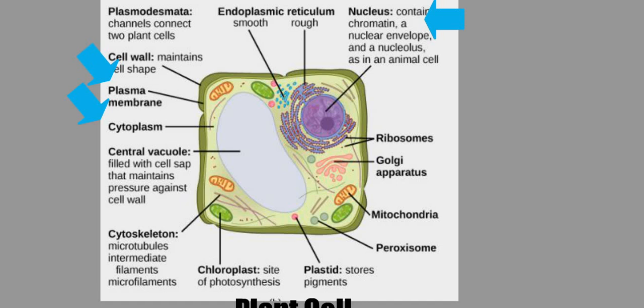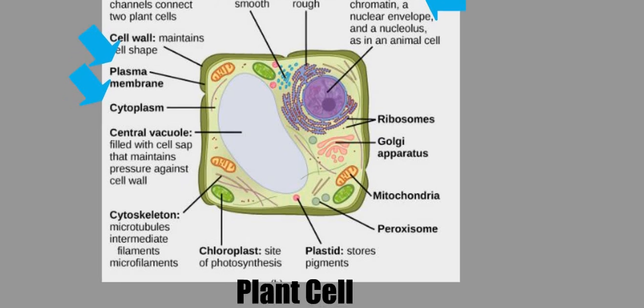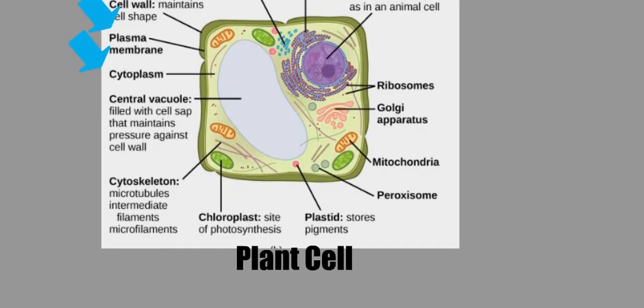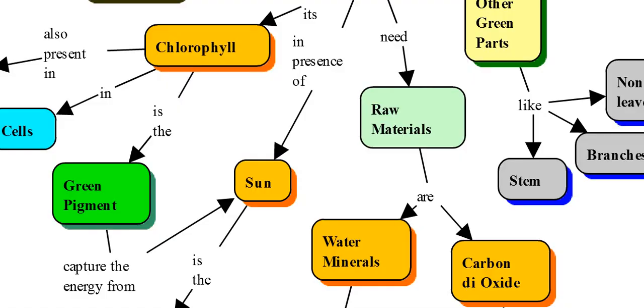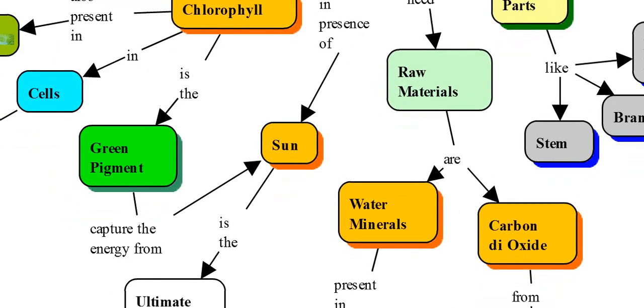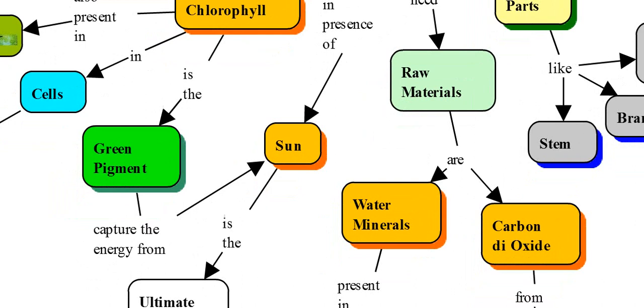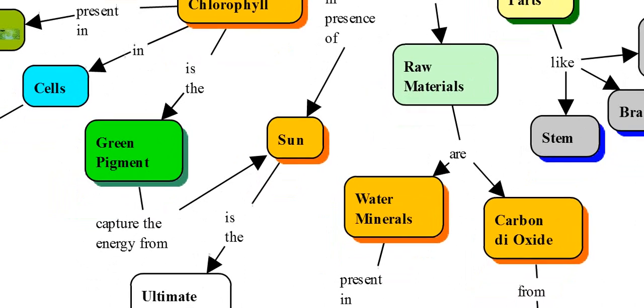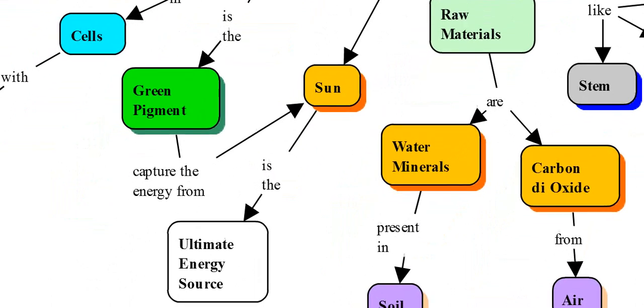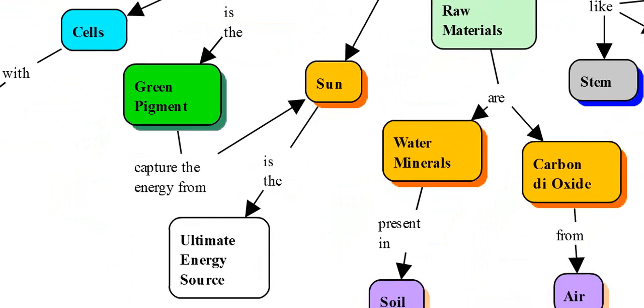Inside the chloroplast there is a green pigment called chlorophyll. Chlorophyll is the green pigment that, as we discussed, captures energy from the sun. Sun is the ultimate energy source.